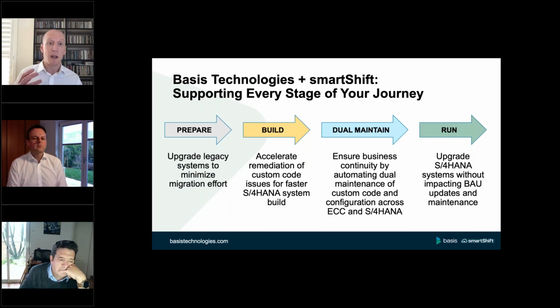We've talked about the run stage on S/4, when we need to be thinking about updates, maintenance, new ways of working. There may even be a stage before, as we need to bring transformation and upgrades to ECC systems to get them ready for S/4 migration before we get into those build and dual maintenance stages. But whichever way you cut it, the combination of smartShift and basis technologies automation is going to deliver value to you throughout that process in those areas that we've looked at today.